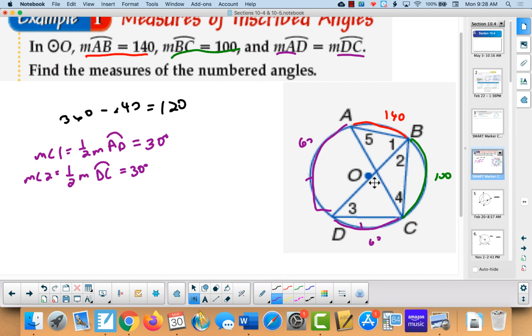To get the measure of angle 3, that intercepted arc is BC. So that's going to be 50 degrees. Angle 4, its intercepted arc is AB.